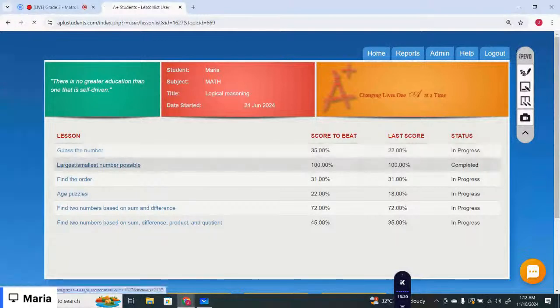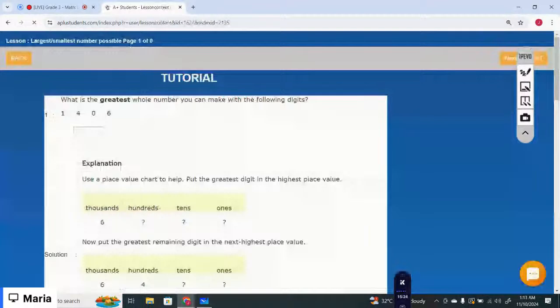Largest and smallest number possible. What is the greatest whole number you can make with the following digits, 1406? Can you tell me which number it is?